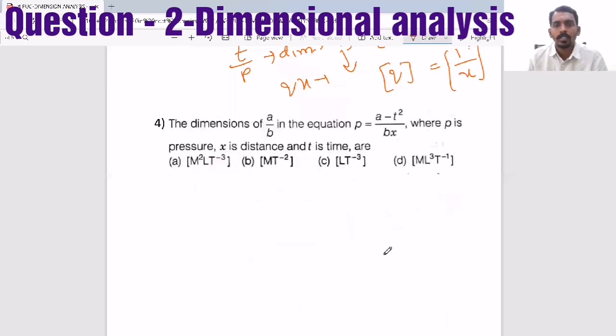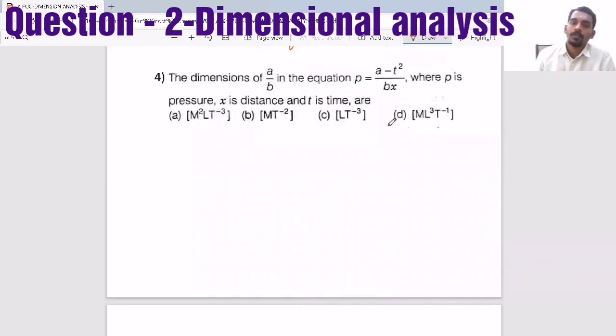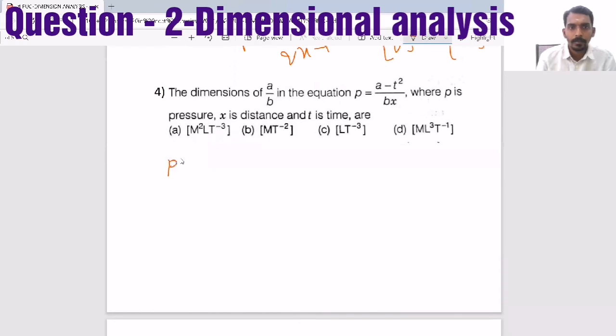Now, one more question. The dimension of A by B in the given equation. So here, take the given equation and cross multiply it. Like now, PBX equal to A minus T square. Now, how many terms are there? 1, 2, 3. Where P is pressure, X is distance, and T is time.